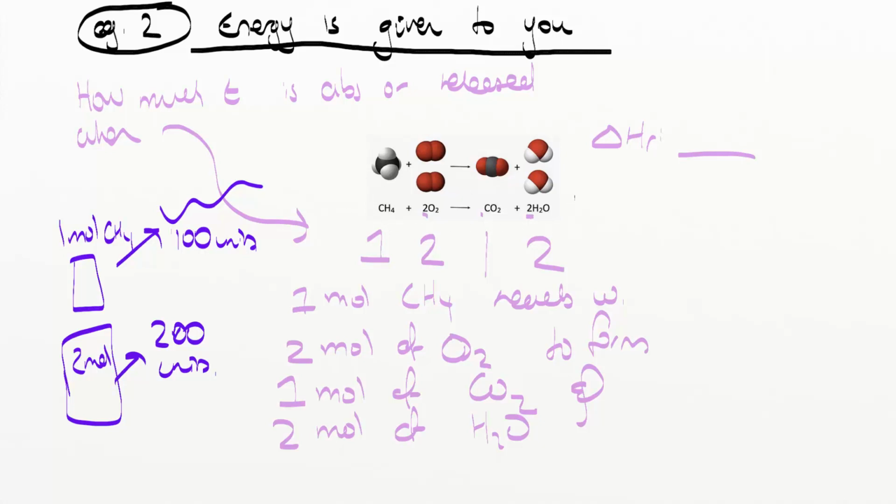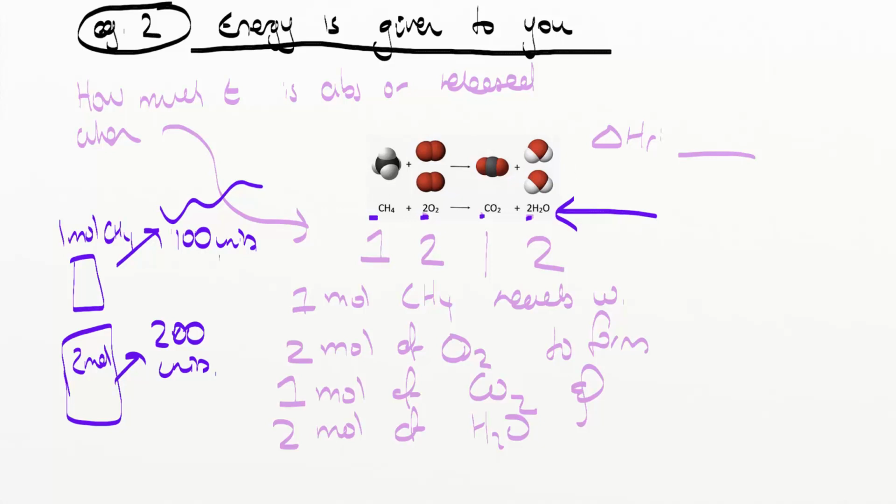So what this means is that when we have the correctly balanced equation here, there are a bunch of coefficients in front of the reactants and the products. When they ask you for the enthalpy of reaction, it is asking you how much energy is absorbed or released when the number of moles of reactants and products as per the correctly balanced equation react.